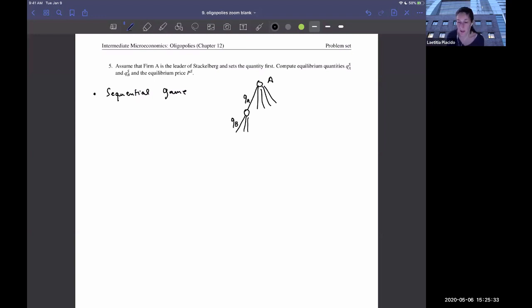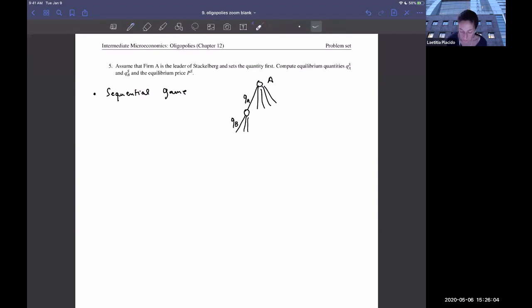So how do we solve this kind of problem? When we have a sequential game, remember what we are looking for is the subgame perfect equilibrium. Well, we're going to use backward induction. It's going to look a little different from what we've done before, but basically that's backward induction. Remember, you start by the last stage of the game.